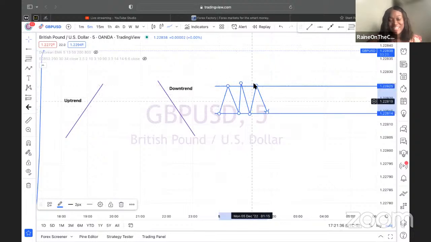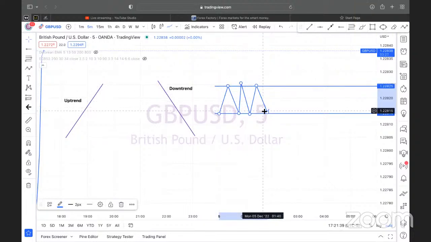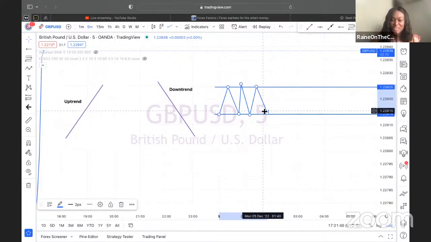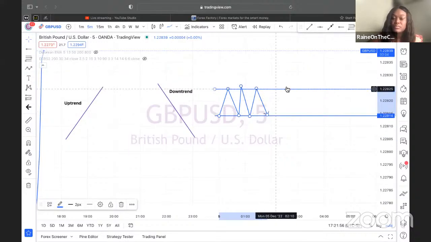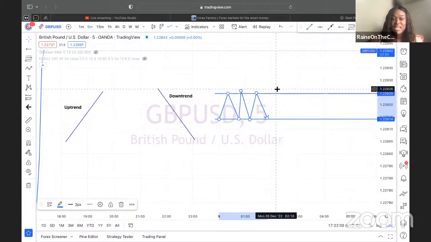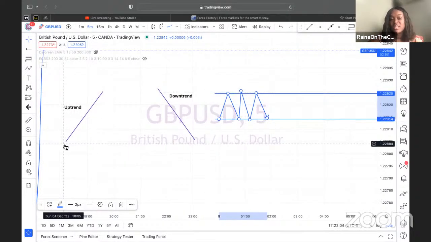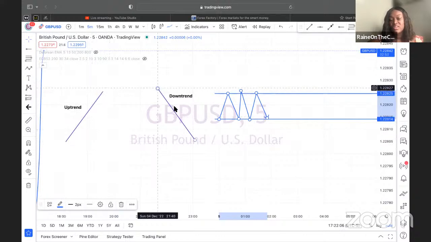It's consolidating, moving sideways. It's consolidation. It's ranging. Any one of those words. So yes, sideways, consolidation, ranging. Now, I believe that the best time to trade is either when it's in an uptrend or a downtrend.